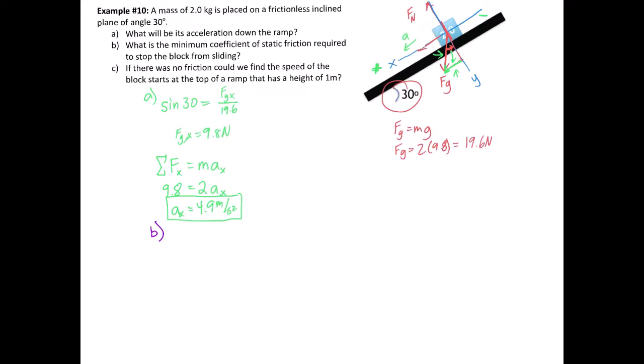Okay, well, what direction would friction be going? Remember that it's accelerating down the ramp here, in what I define as the positive x direction. So what direction does friction need to work in order for the forces to be balanced so that it doesn't slide? Well, friction needs to be pointing up in that direction, up and to the right.